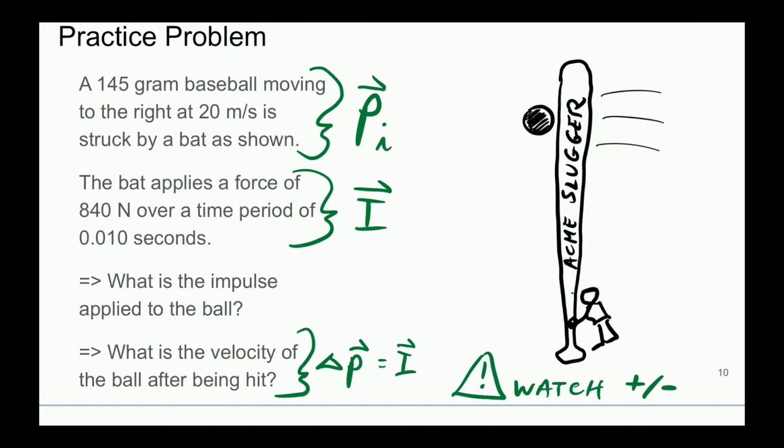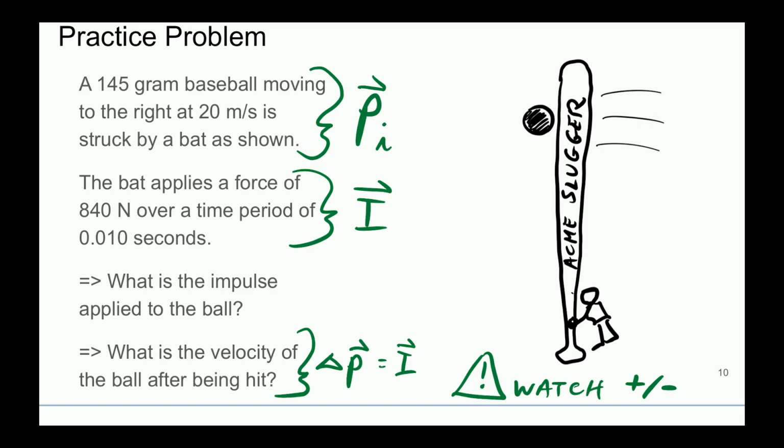All right. So a practice problem might be, this would be very typical of a problem. Here's a baseball with an initial velocity moving to the right, and a baseball bat hits it with some impulse, and you are asked what is delta p, right? So you have to calculate the impulse.